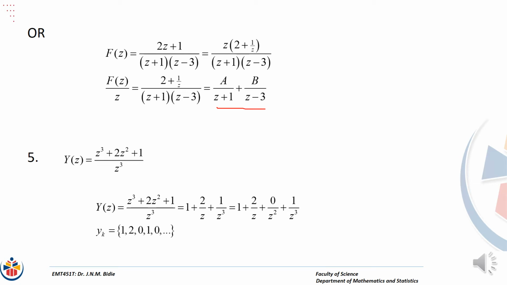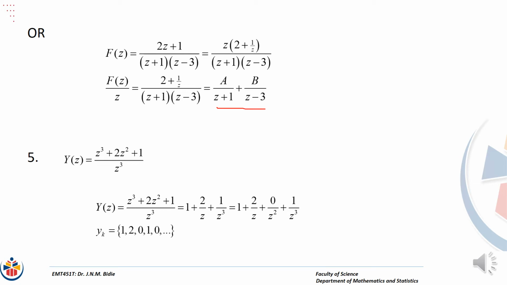We go to number 5. Now we encounter a different situation where the numerator is divided by a single term in the denominator. So what you do is to divide each of those terms by z cubed. Note that we end up with 1 plus 2 over z plus 1 over z cubed, which is a series, hoping that you realize that 1 is divided by z to the power naught, 2 is divided by z to the power 1, and then between z to the power 1 and z to the power 3, we have 0 over z to the power 2.